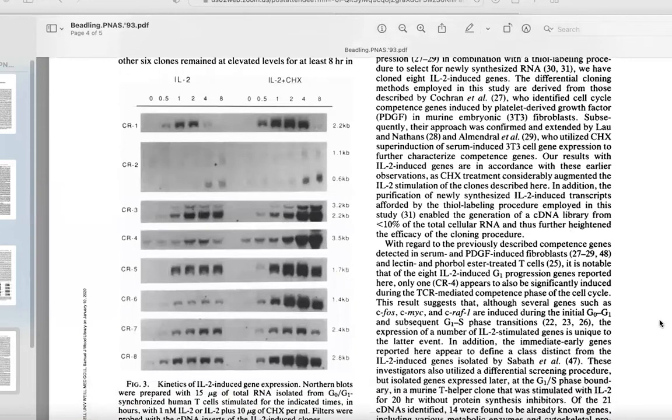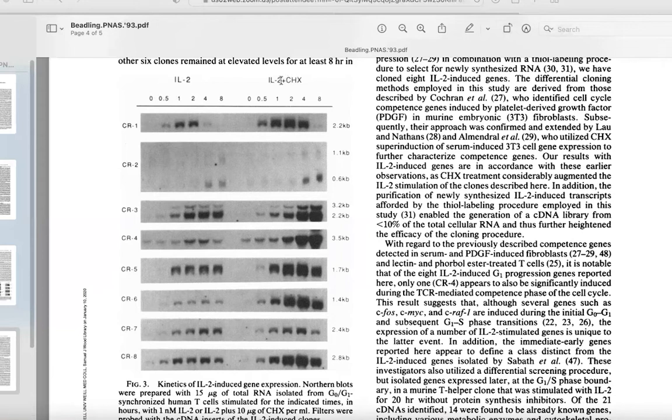And these are now these 8 genes, CR1 through CR8. And then these are different times after the activation was started. It was time 0 over here, and then half an hour, 1 hour, 2 hours, 4 hours, and 8 hours. All of these are northern blots using the cDNAs from these different clones.